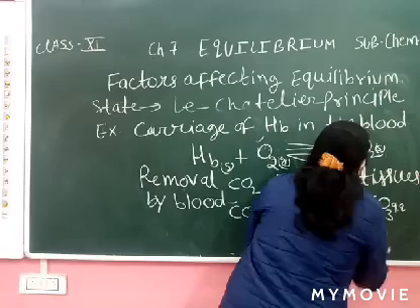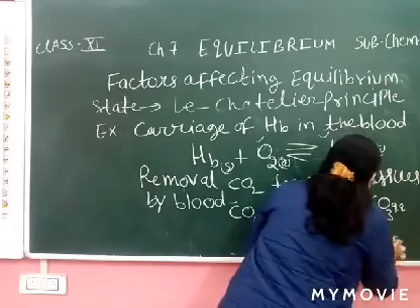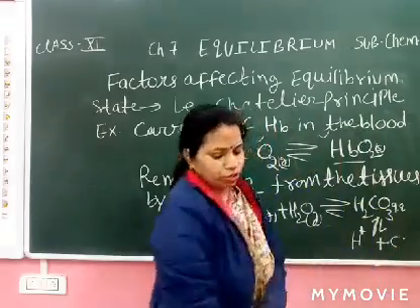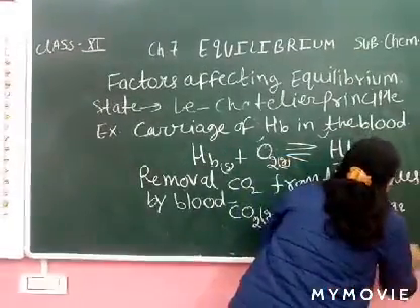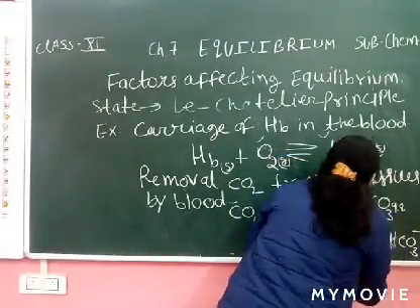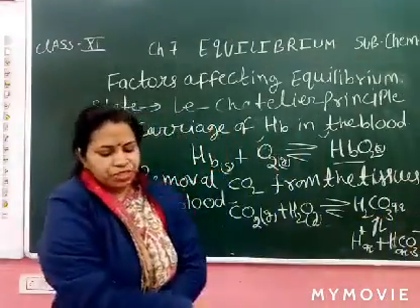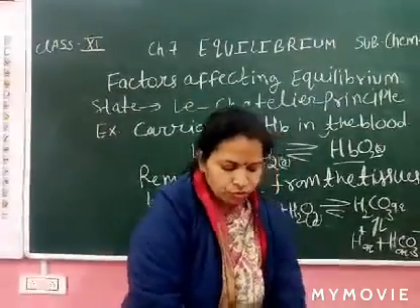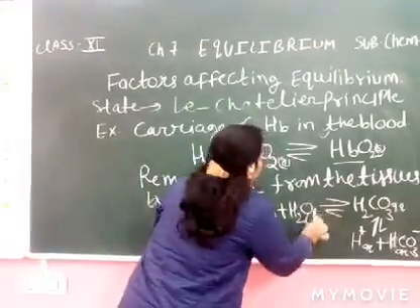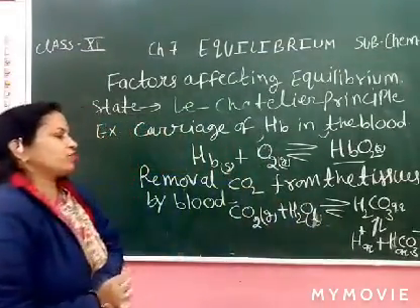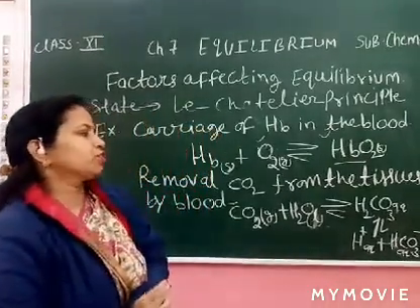It also converts into H plus and HCO3 minus, which are also aqueous. Let's see this equation. H2O and CO2 are liquid. When H2O reacts with CO2, it forms carbonic acid, and carbonic acid goes back into H plus and HCO3 minus.